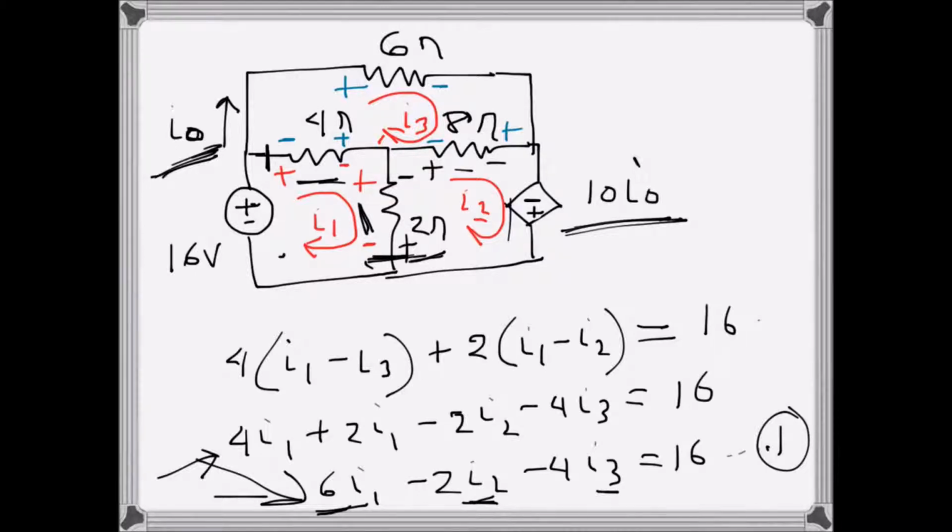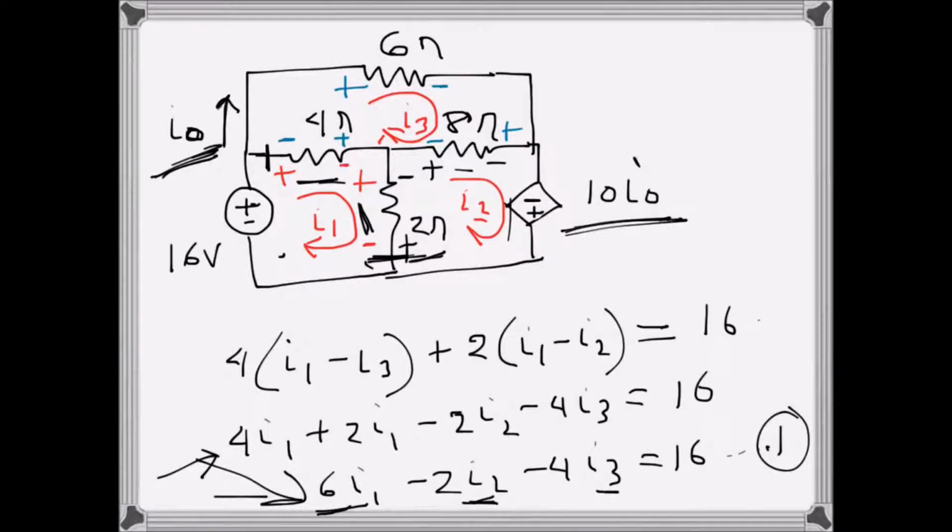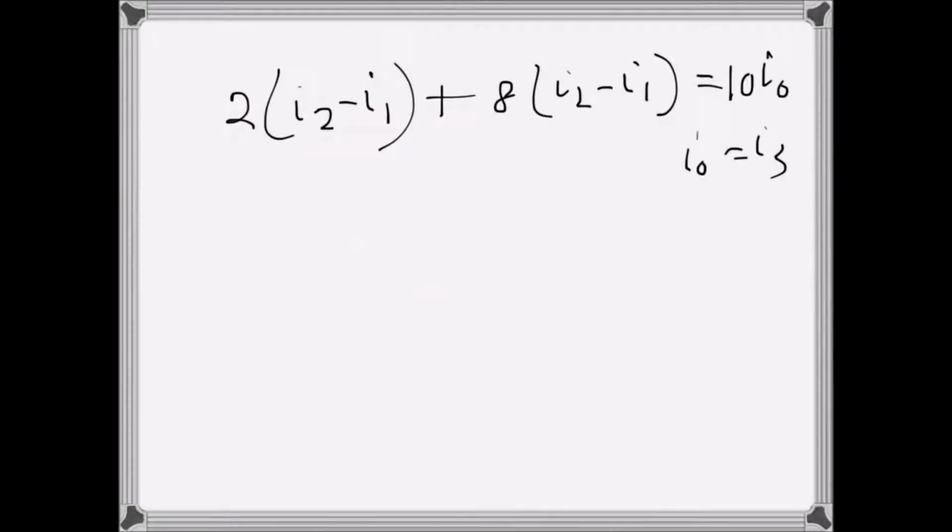So on the right hand side it will come as positive, so that's 10 I naught. Now we know that I naught is I3, because this current is I naught in this direction and the loop current I3 is there. So we want to get rid of I naught, and we will just write I3.